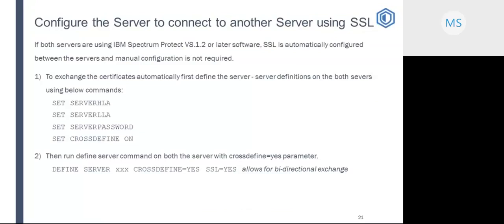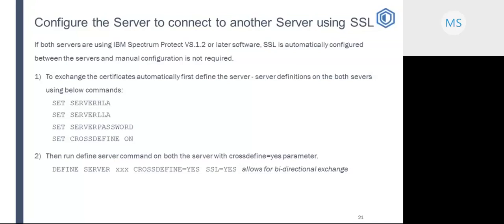In this slide, we will discuss how to configure server-to-server to use SSL. If both servers are using 8.1.2 or later versions, SSL is automatically configured between the servers and manual configuration is not required. To exchange the certificates automatically, define the server-to-server definition on both servers and ensure cross-define is set to on so that certificates can be exchanged.